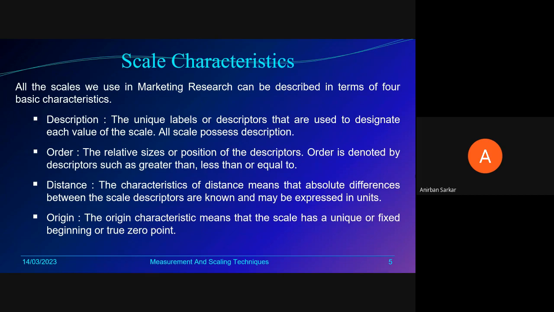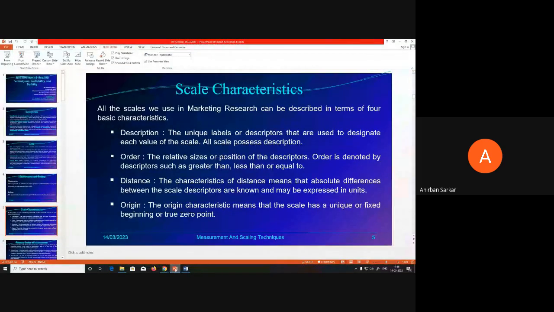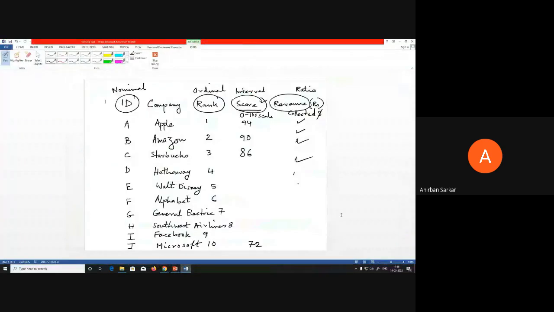What is origin? Origin should have a true 0 point. Now, what does this true 0 point mean? Say in our example, the revenue collected here is, just hypothetically, $1 lakh.